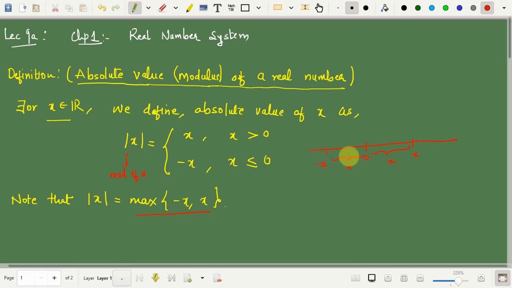We cannot have distance negative, right? It is positive or it will be equal to 0, and it is equal to 0 when x is equal to 0 itself. So, mod of x in R is observed as the distance of that quantity from the origin, and that is why it is called the magnitude of that vector if we talk in terms of a vector.